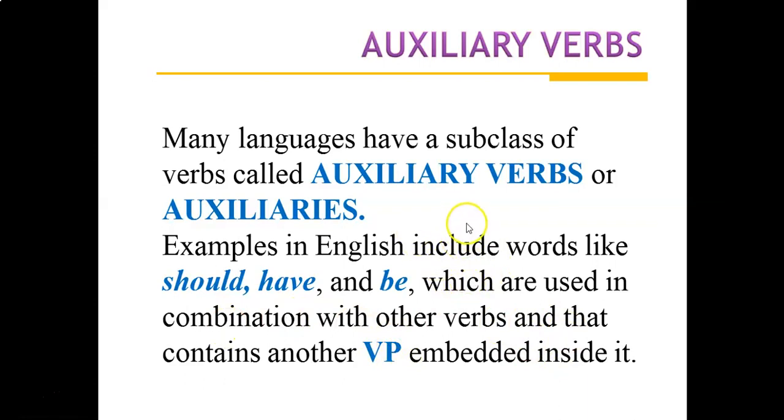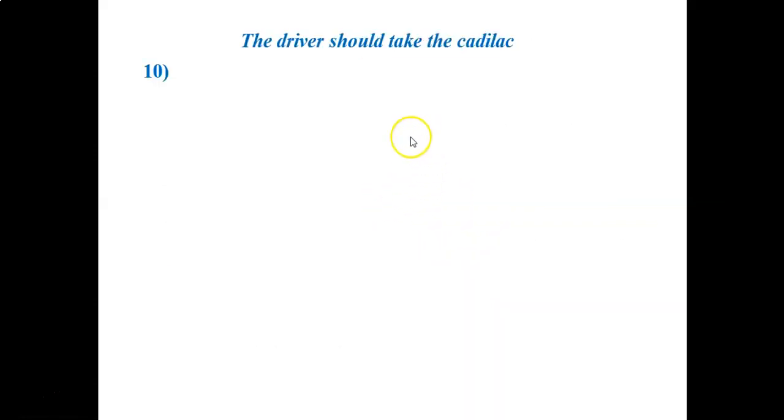Come to the example again. Example: the driver should take the Cadillac. Pay attention to this sentence. We can see there are two kinds of verbs. One is should and the second one is the main verb take. But how to drop down the tree diagram?